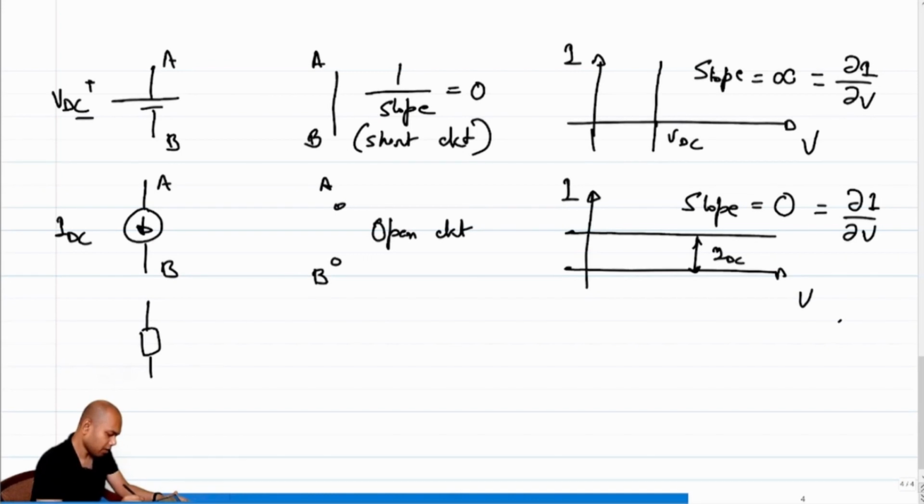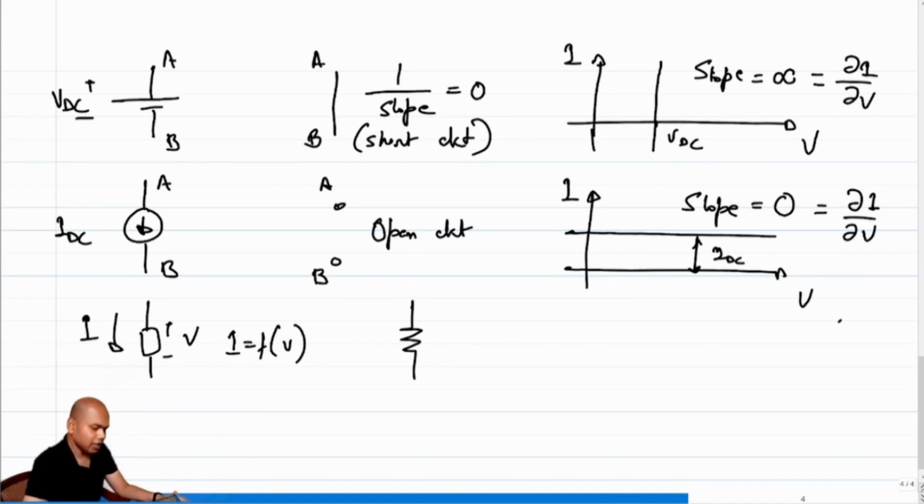And in general, if we have a nonlinear element which has a current-voltage relationship of I equals F of V, we have to replace this nonlinear element with its incremental equivalent.